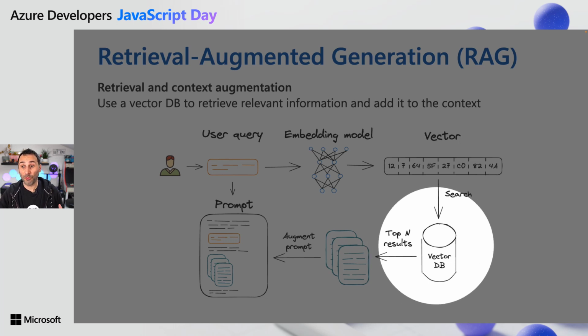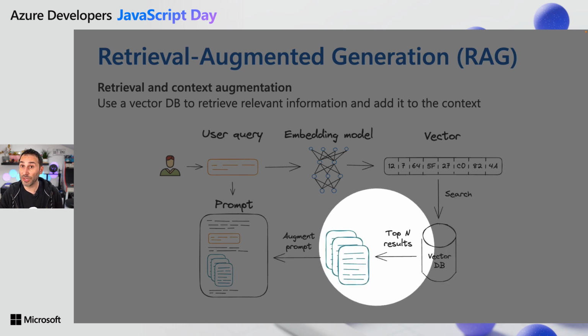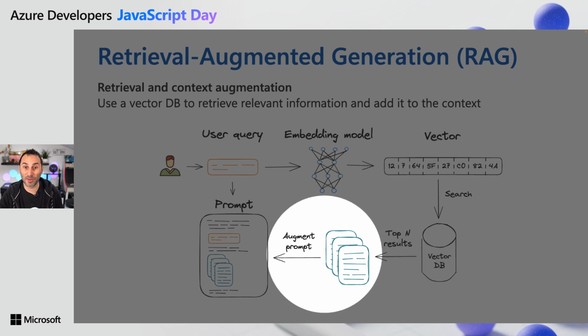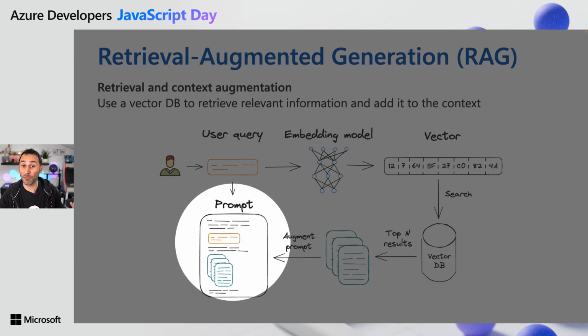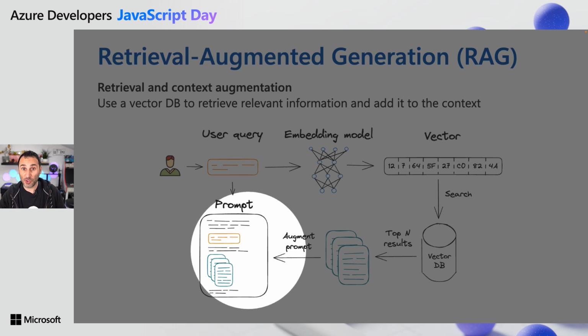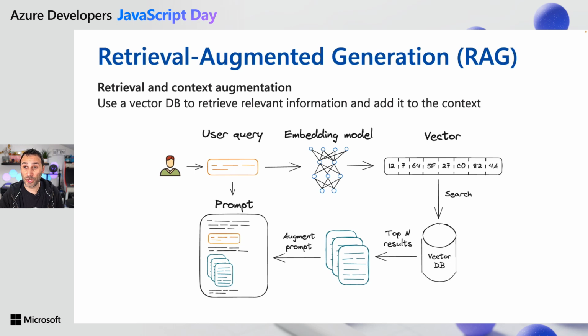From that search, we'll pick up the most relevant results. We get the text from the documents from these results, and we will use that text to augment our prompt. Our final prompt will go something like this: Hey, answer the following user question, then you insert the question, using the following set of documents, and then you insert the documentation. So nothing too fancy in there.